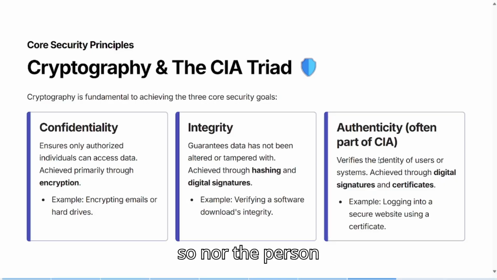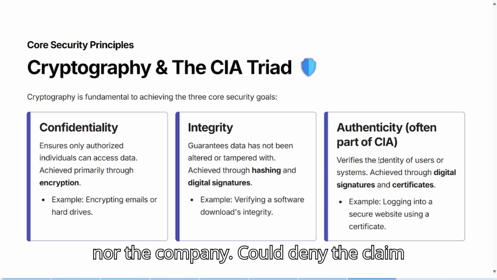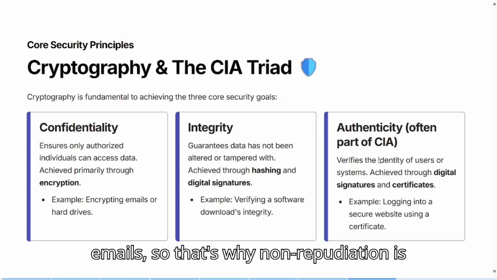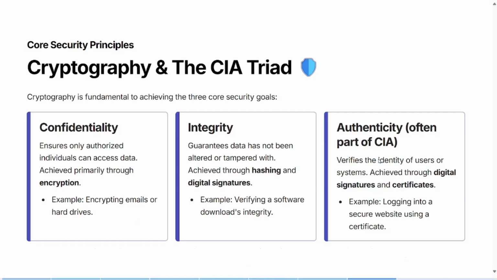So neither the person nor the company can deny the claim that they sent or received the particular items or emails. That's why non-repudiation is also included in this triad.